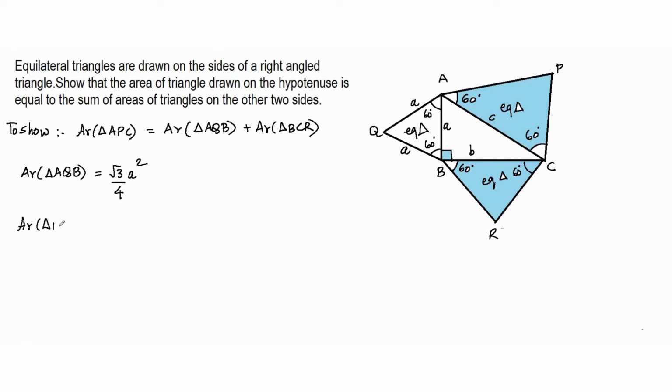Similarly, area of triangle BCR is given by √3/4 times B square, where B is the side of the equilateral triangle.